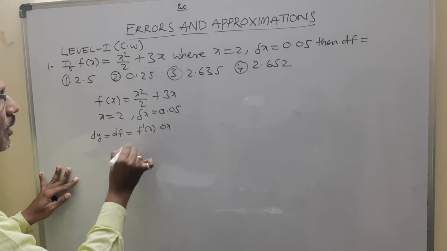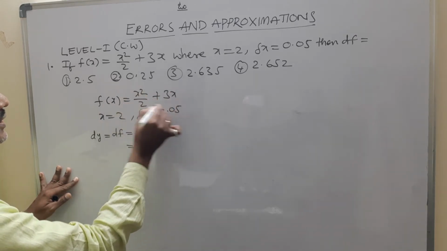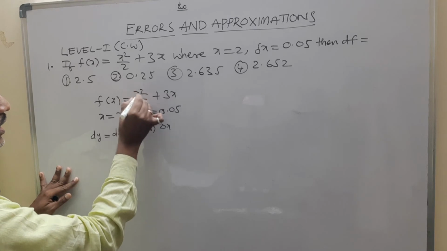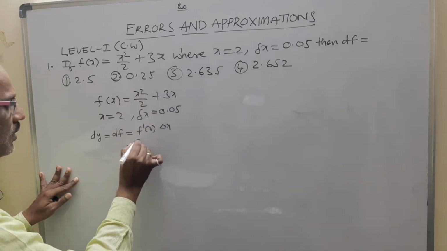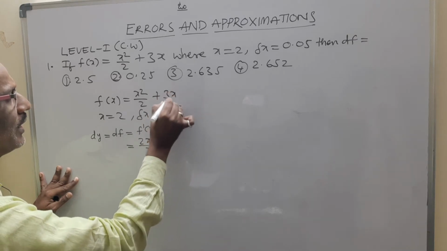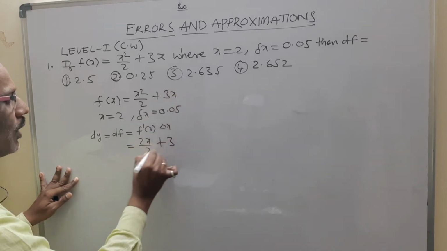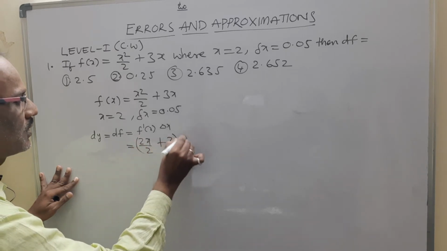This is the formula. Here f of x is equal to x square by 2 plus 3x. For f dash x, the differentiation of x square is 2x, so 2x by 2. For 3x, d by dx of x is 1, 3 into 1 is 3. So 2x by 2 plus 3, into delta x.